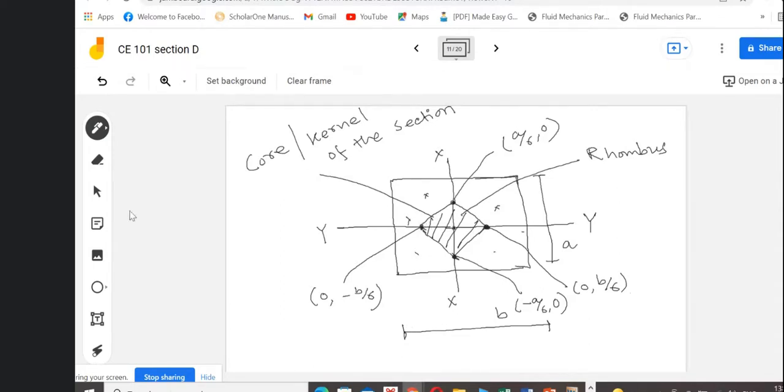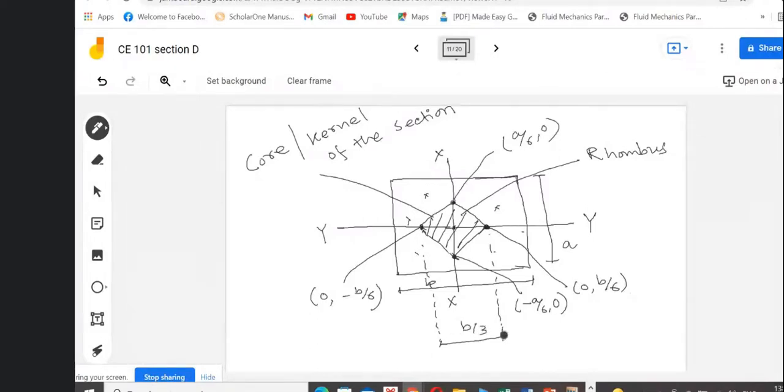So if we find out this portion, what is this amount? This is B/6, this is B/6. B/3.